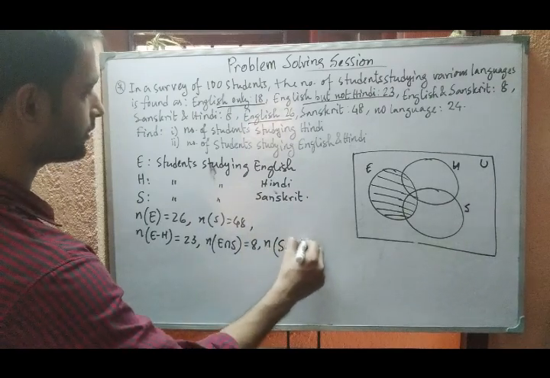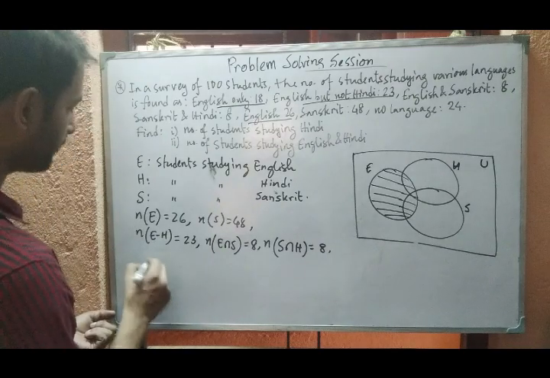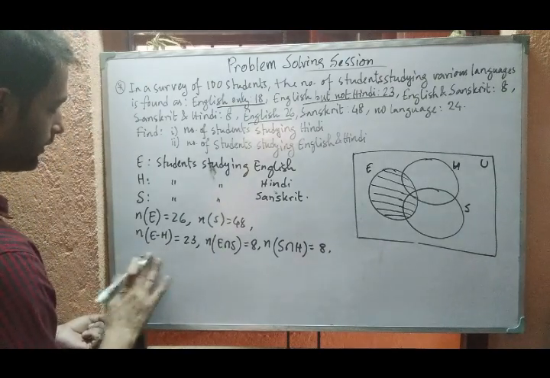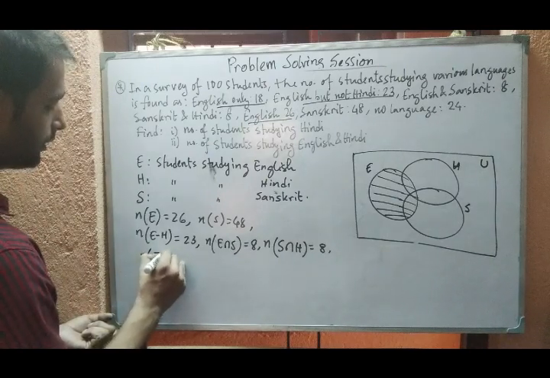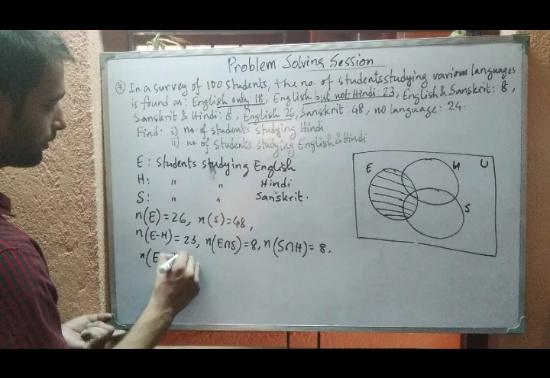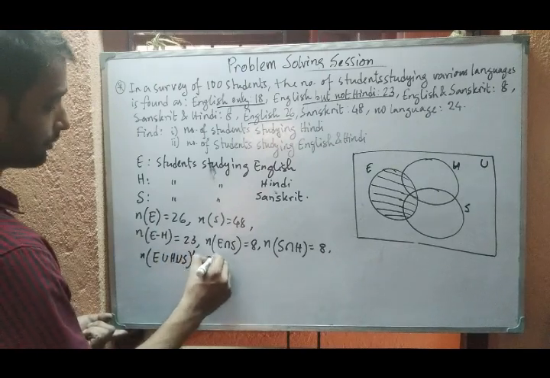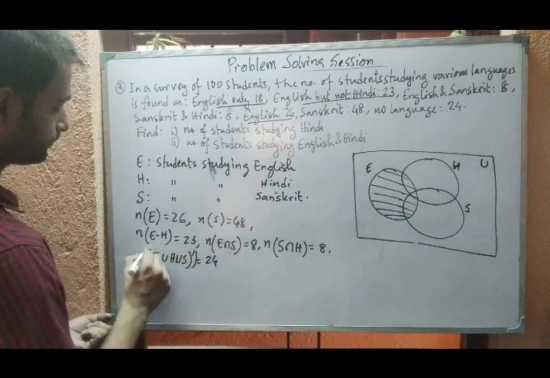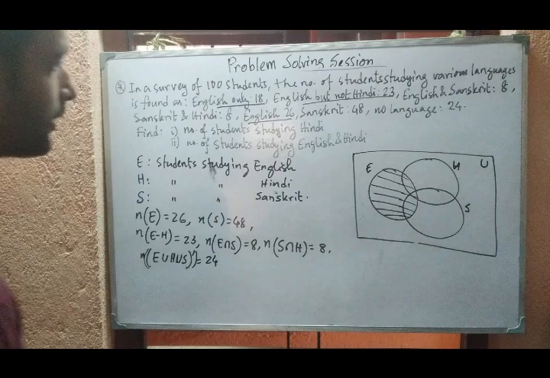Sanskrit and Hindi means S intersection H is given as 8, and no language, that means it is the complement of the union. It is given as 24. And we have to find what?